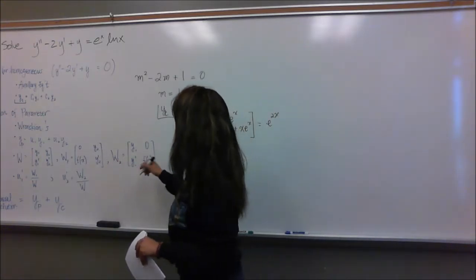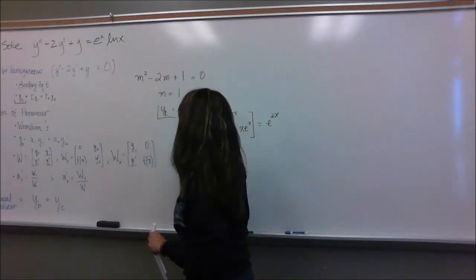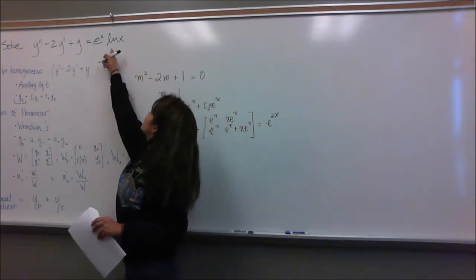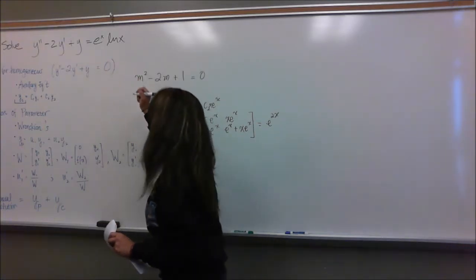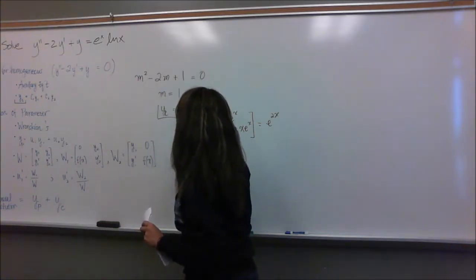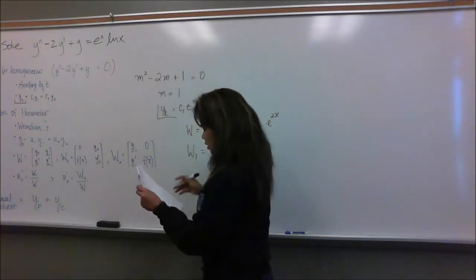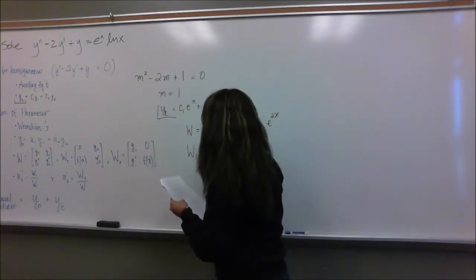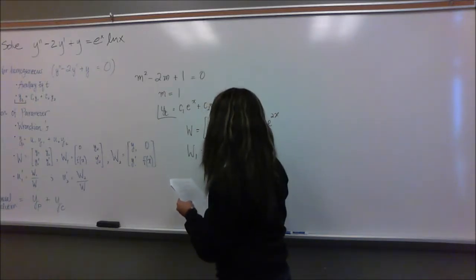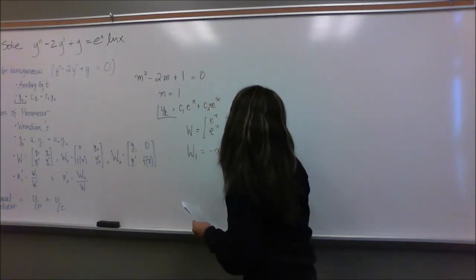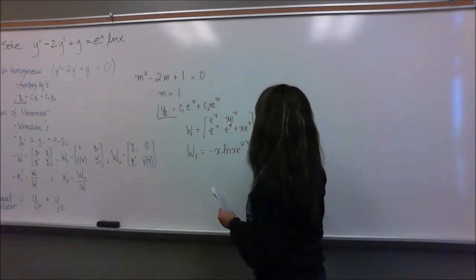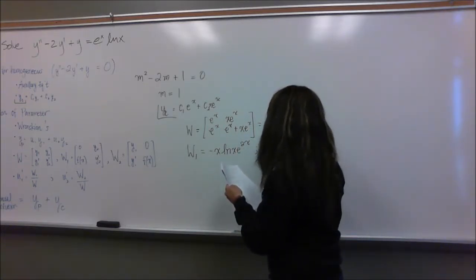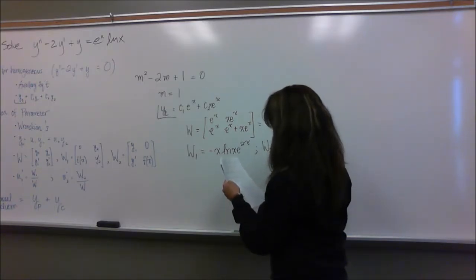And for W1 and W2, you do the same thing, but instead your f of x here is going to be whatever is on the right side of the equation. And you're going to get W1 is negative x ln x e to the 2x, while your W2 is going to be e to the 2x ln x.